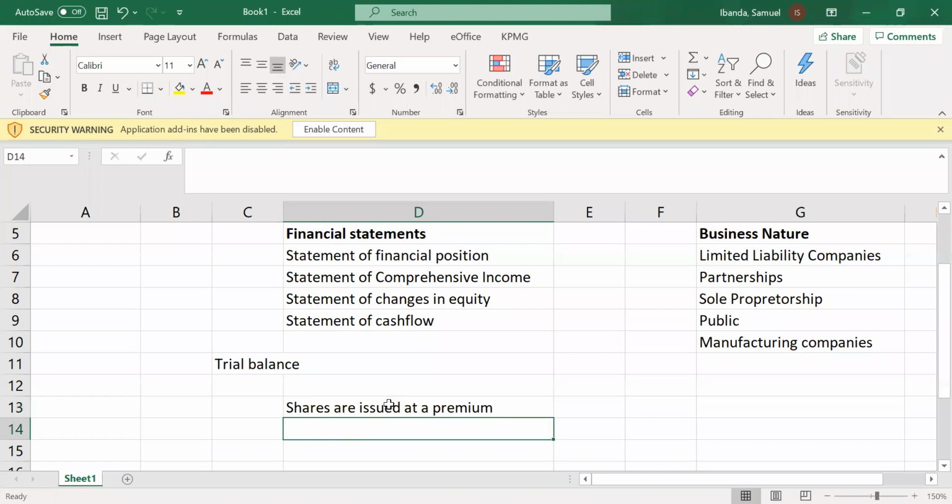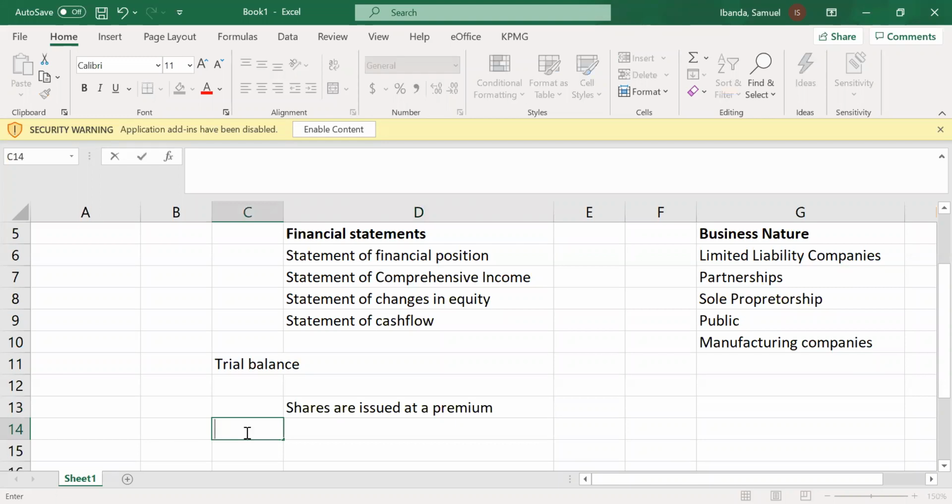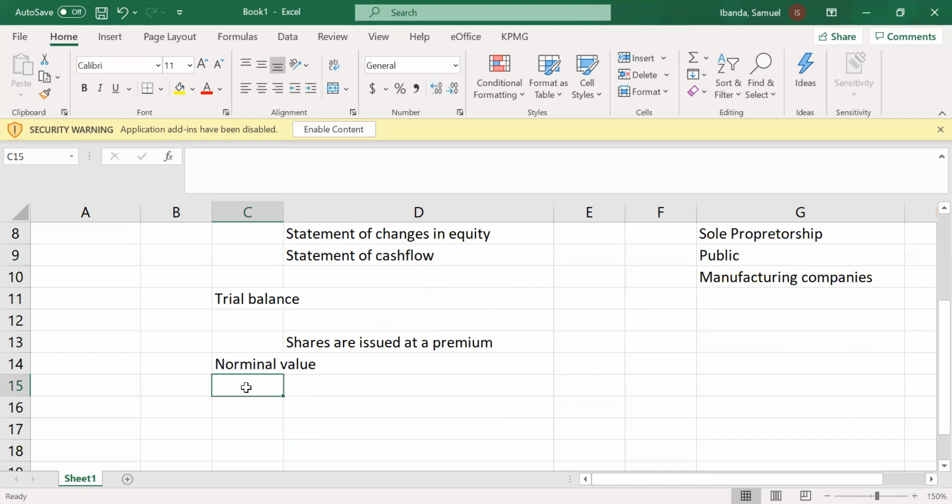And what does this mean, shares being issued at a premium? From our question, we call it nominal value. The nominal value of our shares is 1,000.